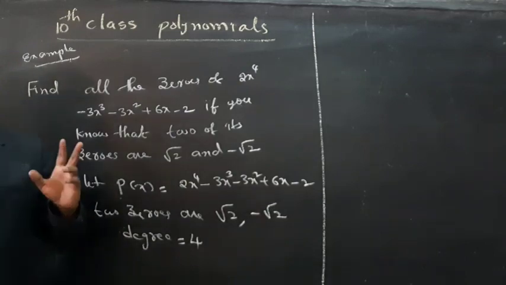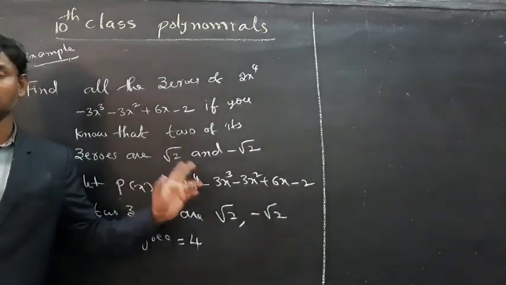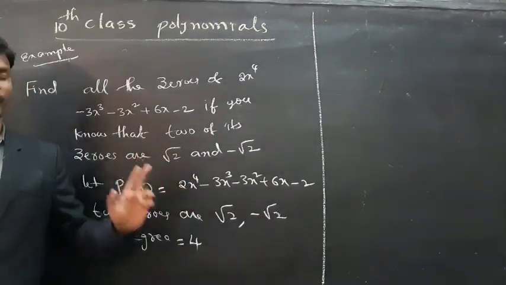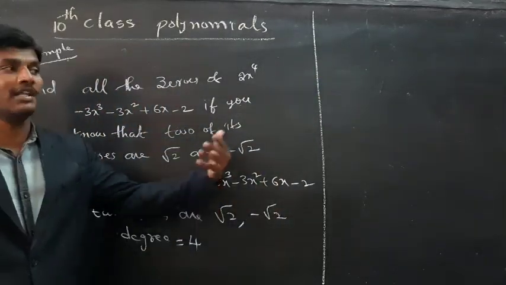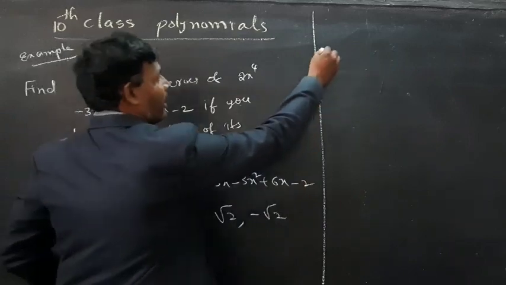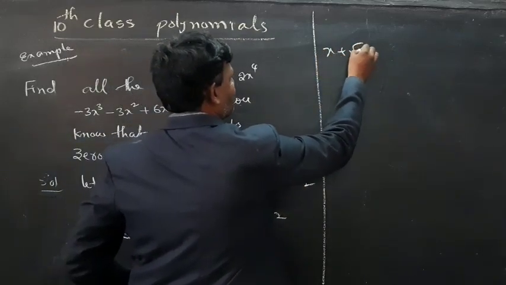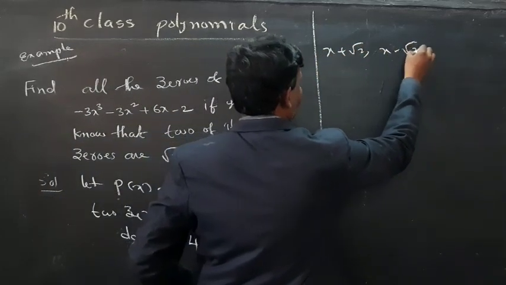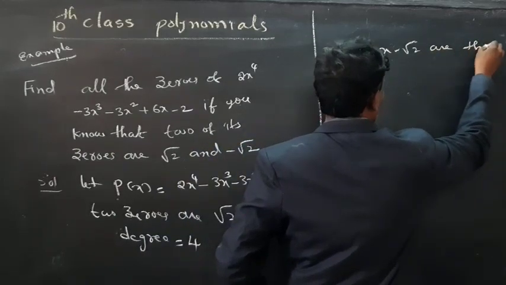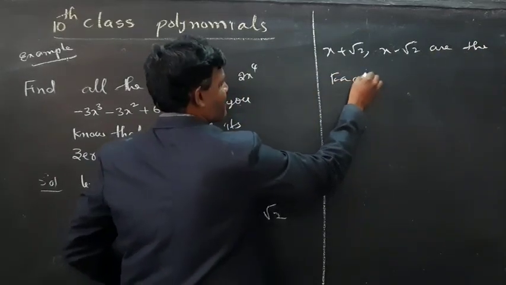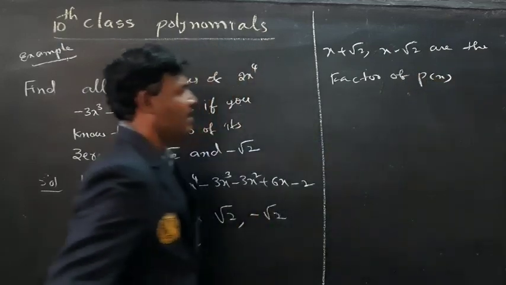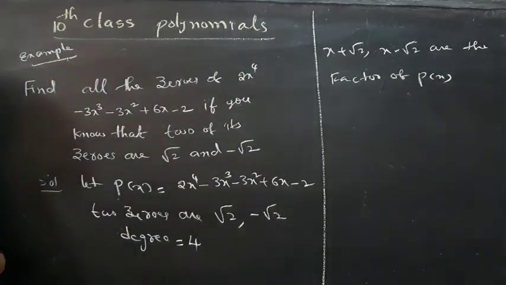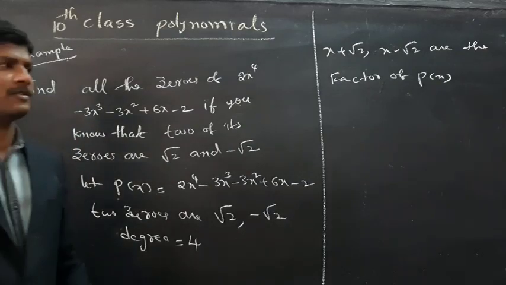Already in 9th class we learned the factor theorem. According to the factor theorem, here root 2 and minus root 2 are the zeros. So x plus root 2 and x minus root 2 are the factors of p of x.